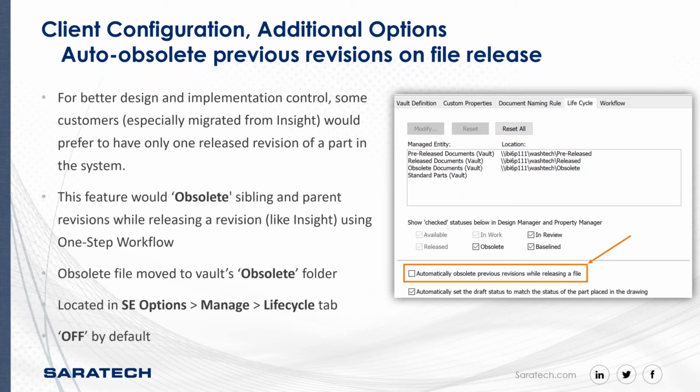So engineering would most likely be able to see all those folders, pre-released, released, and obsolete, but production would only be seeing released documents. So that's one additional configuration that would help you manage who sees what files.